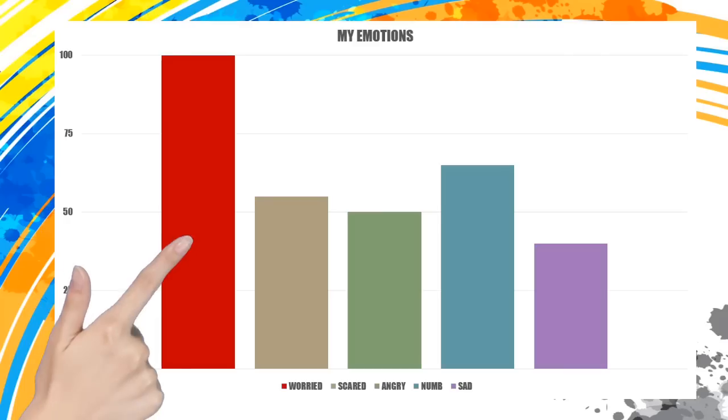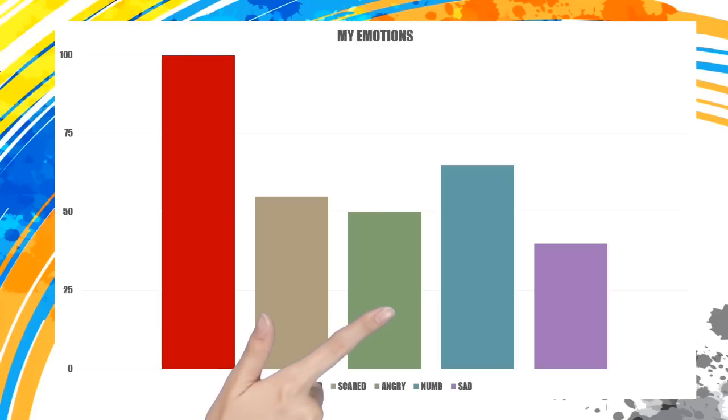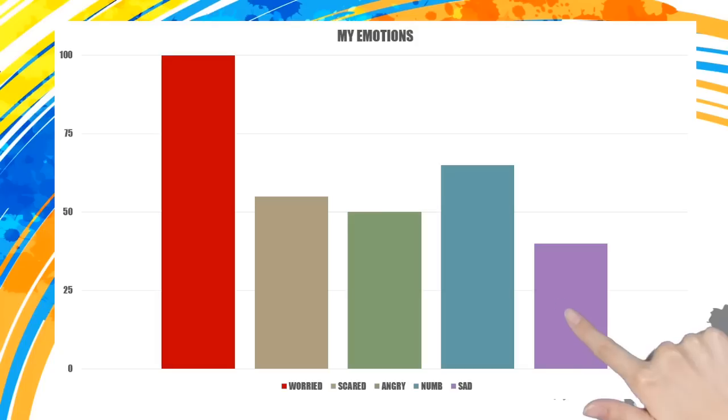The worried emotion received 100%. The scared emotion received 55%. Feeling angry received 50%. Feeling numb received 65%. And the last, being sad, received 40%. This is my example graph.